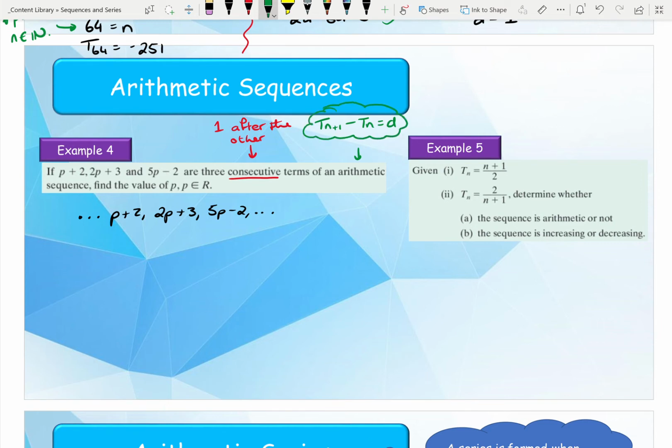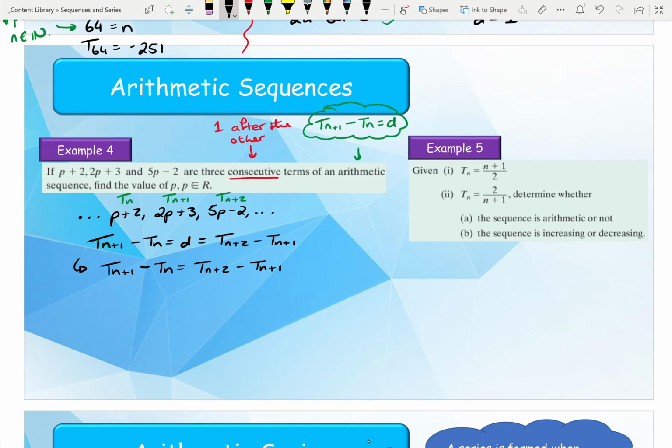Which means if I say that this is tn, and this is tn plus 1, and this is tn plus 2, then tn plus 1 minus tn should give me d, but it also holds that tn plus 2 minus the term before it, tn plus 1, should also give me d, which means that tn plus 1 minus tn would have to be equal to tn plus 2 minus tn plus 1.